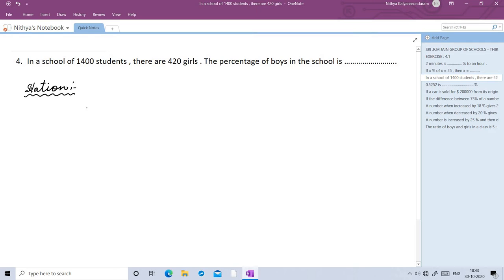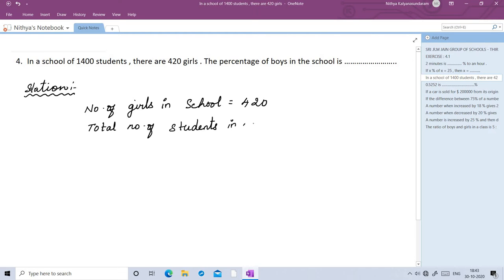So first write number of girls in school is equal to 420. Total number of students in school is equal to 1400. First to find out what is the number of boys in the school.